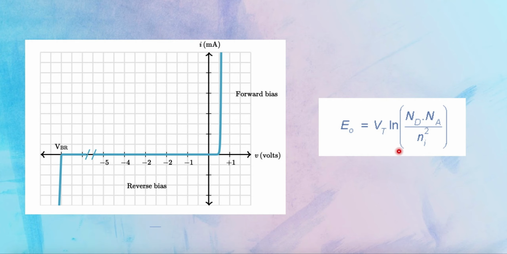So this is the equation of the conduction in a diode, where Vt represents the threshold voltage above which the diode starts conducting electricity, Nd represents the concentration of donors, Na represents the concentration of acceptors, and Ni represents the intrinsic concentration, that is, the amount of impurity that we are adding to intrinsic semiconductors.